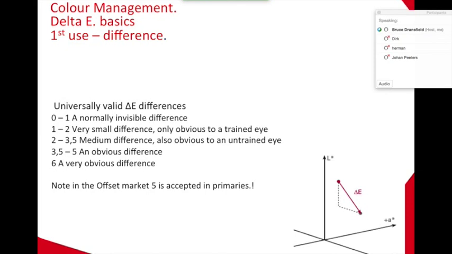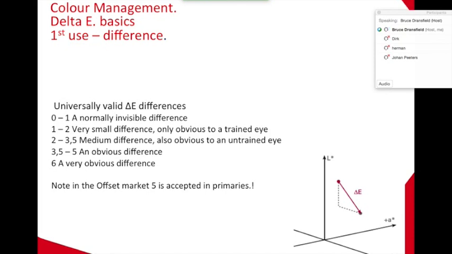Between 1 and 2, a very, very small difference, and only really obvious to a trained eye up close and looking for something. 2 to 3 to 4, the difference can become obvious, but again, you need to be looking for it.